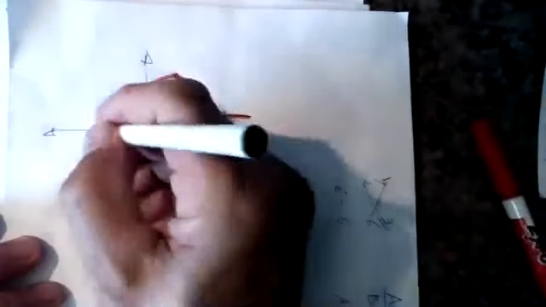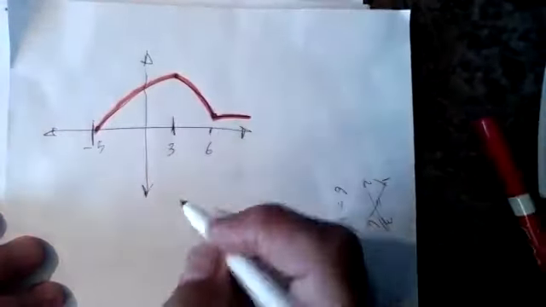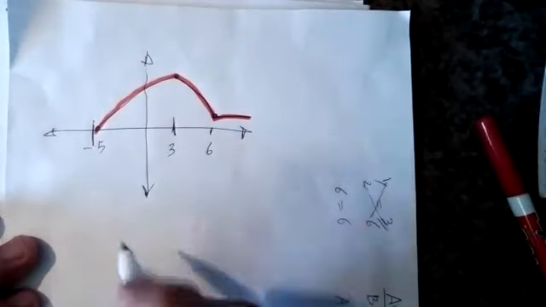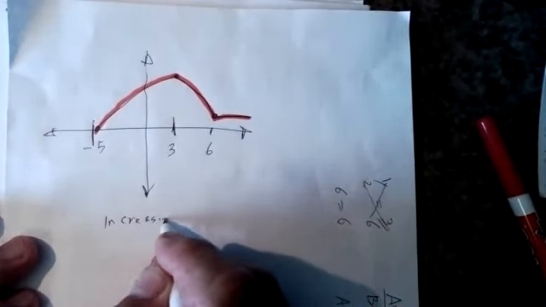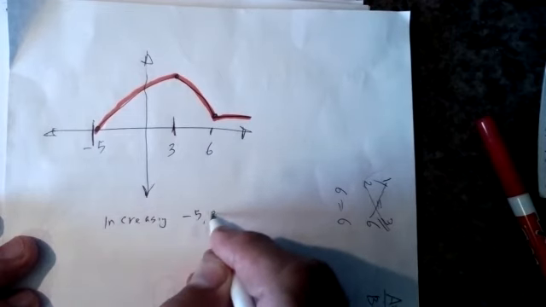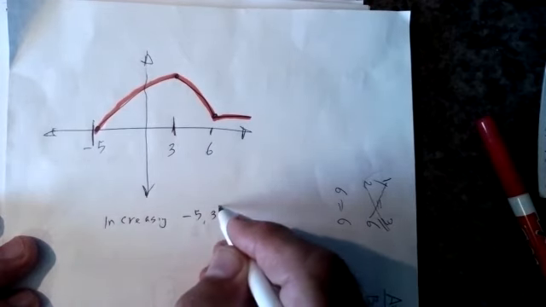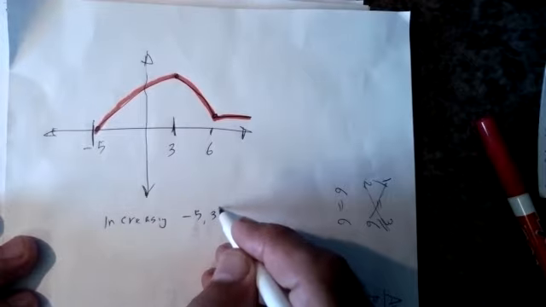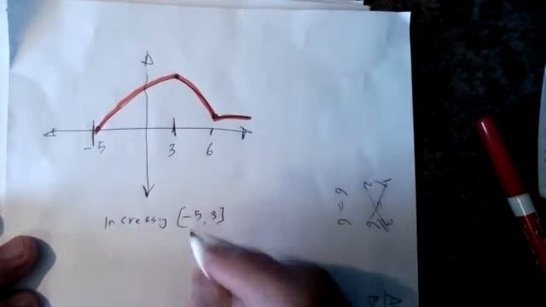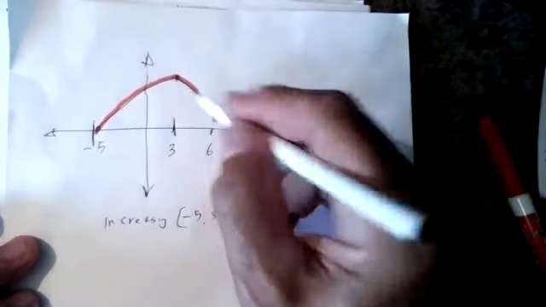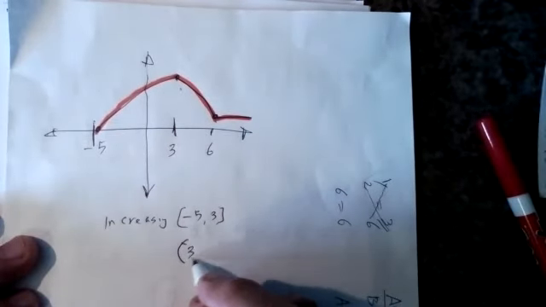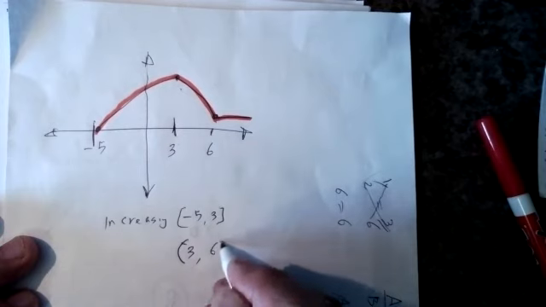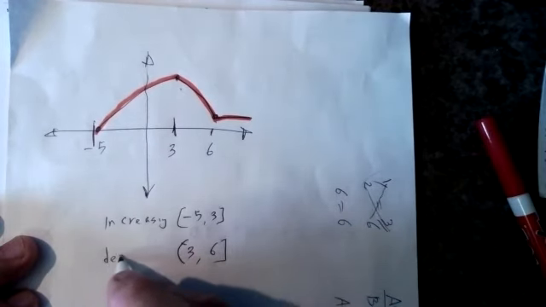So between -5 and 3, what happened between -5 and 3? The function is increasing, right? What happened between 3 and 6? Decreasing.